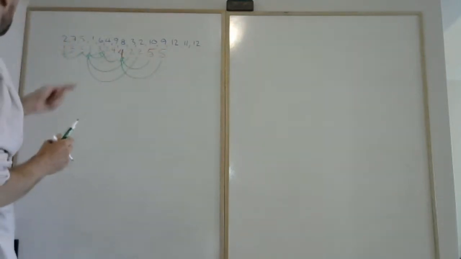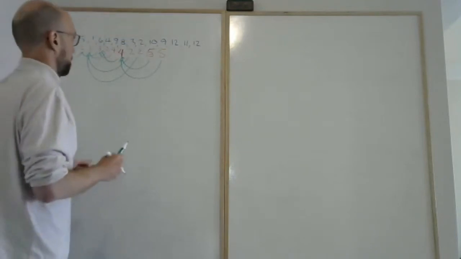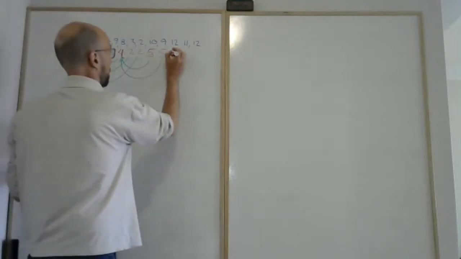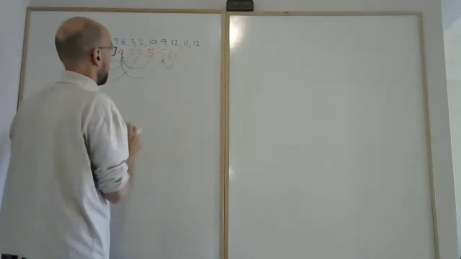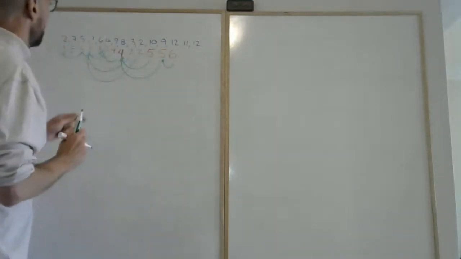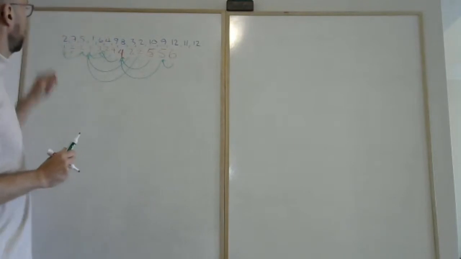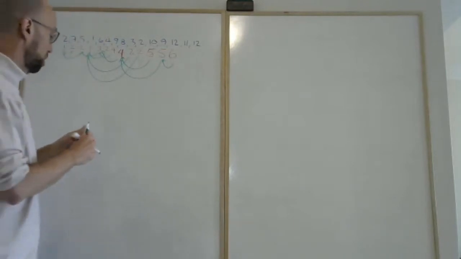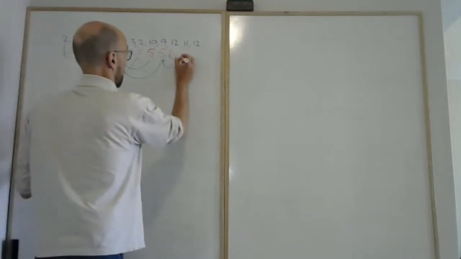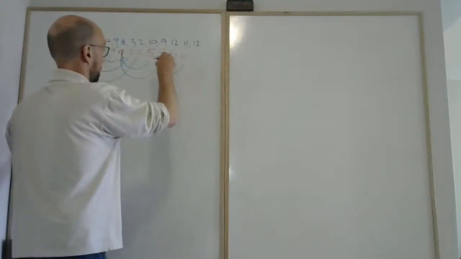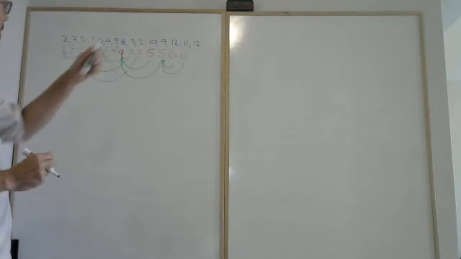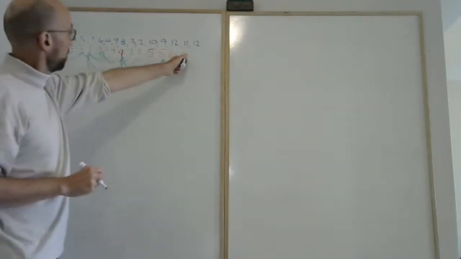12. Best we can do, we go back and look at everything. The best we can do is a 6, which is like this. 11, we go back, the best we're going to do is a 5. So that's going to give us 6. And then at the 12, this will give us a 7.